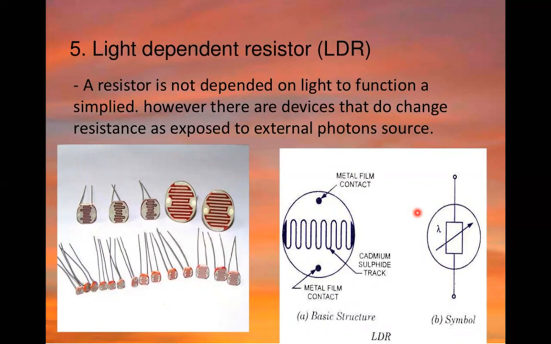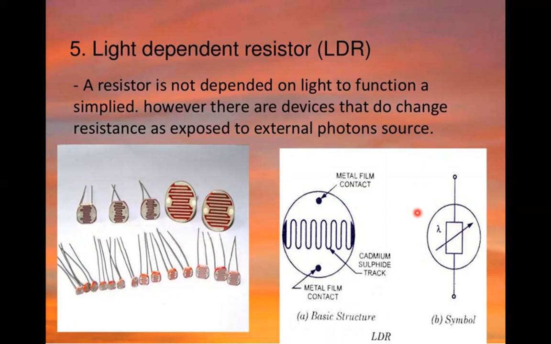For example, in automatic security lights, the LDR's resistance decreases as the light intensity increases. In the dark and at low light levels, the resistance of an LDR is high and little current can flow through it.